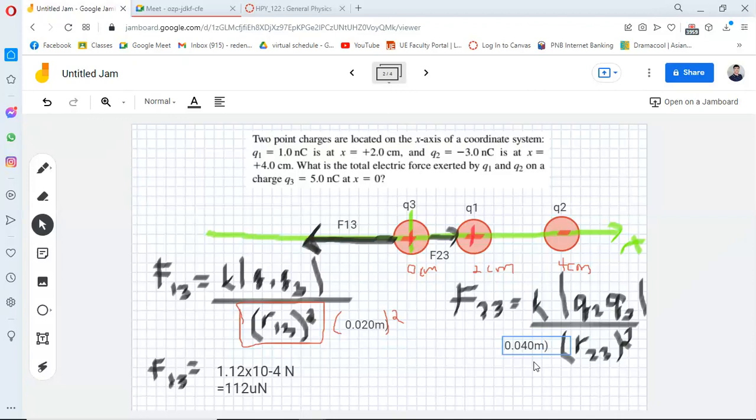Dahil yun yung layo ni Q3 kay Q2. Ito, 4 cm. This part. Ito. Yan, 4 cm ang layo ni Q3 kay Q2. Okay, so, ganun maggamit ng Coulombs Law. Kailangan mong alamin yung distance nung particular charge na concerned doon sa other charges malapit sa kanya. Okay, and then just plug it again in your calculator, the values. You must be able to find that your F23 is equivalent to what value?